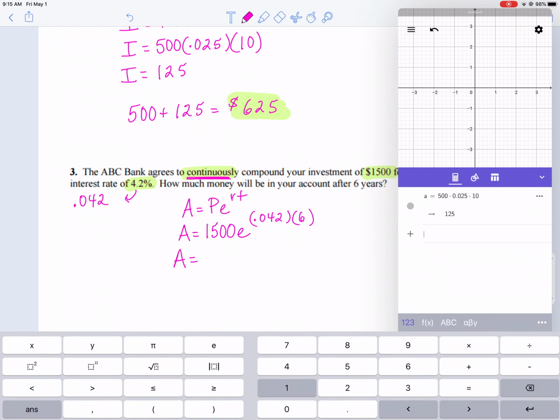Okay, so it's 1,500 base of E raised to the 0.042 times 6. So it looks like we have $1,929.89. Always round to the nearest cent. You want every single cent of your money.